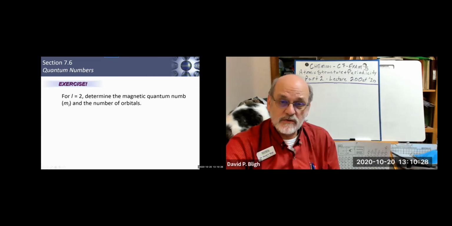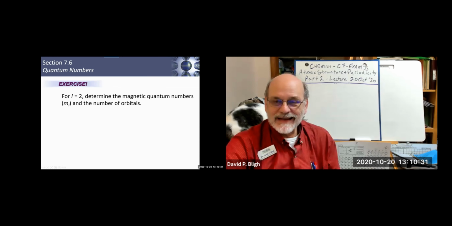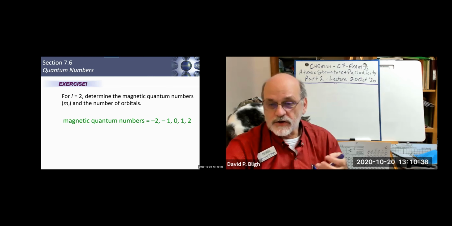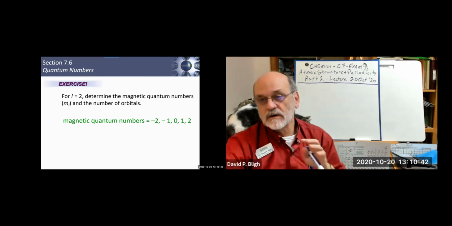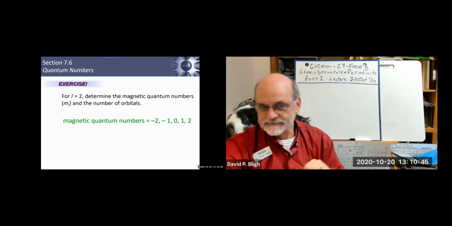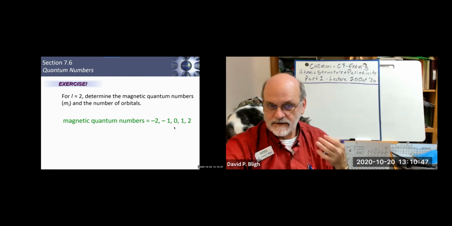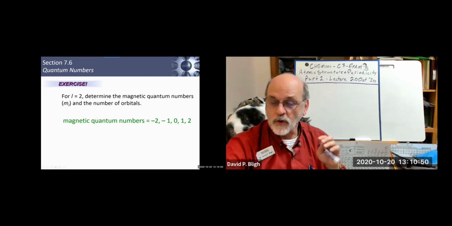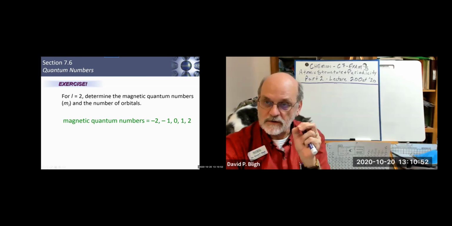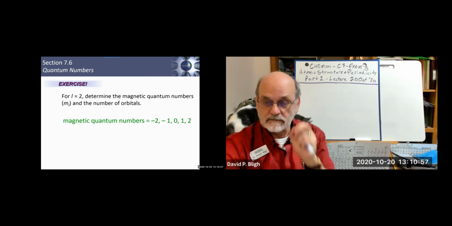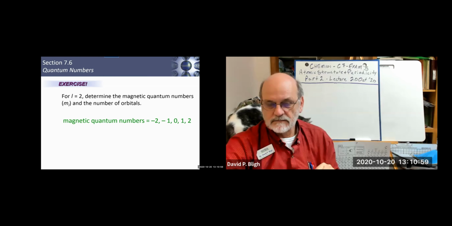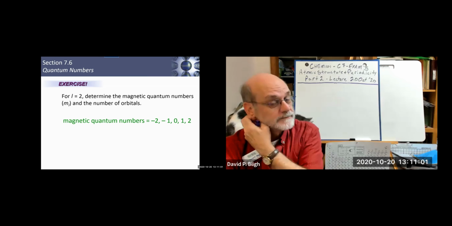So for L equals 2, determine the magnetic quantum numbers and the number of orbitals. For L equals 2, you can have -2, -1, 0, 1, and 2. So you can have 5 magnetic quantum numbers for the D, the angular quantum number.